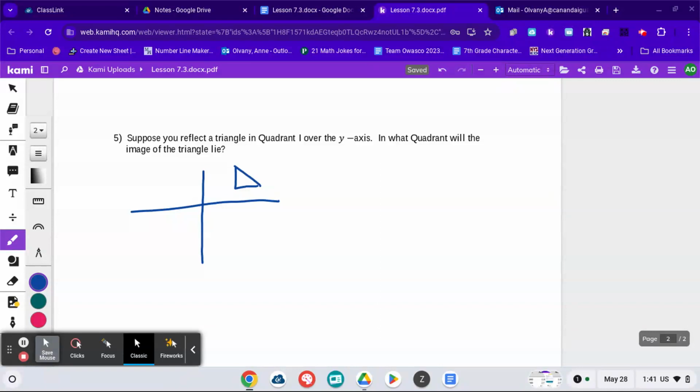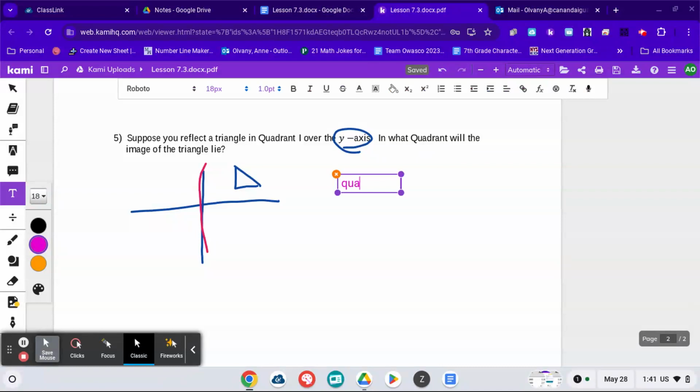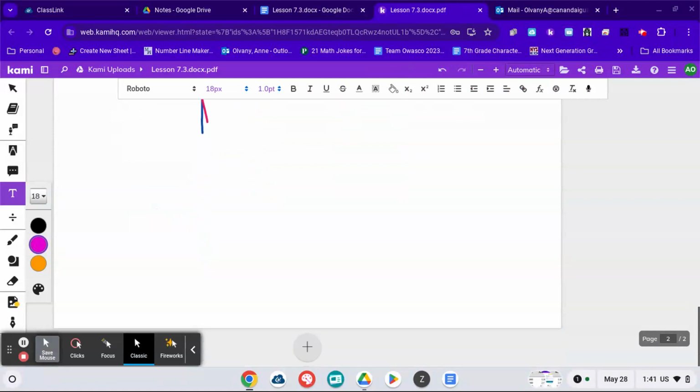In what quadrant will the image of the triangle be if you're reflecting over the y-axis? If you're reflecting over the y right here, that's going to end up being in quadrant 2. So if anyone had some questions left over from Thursday, I think that should help.